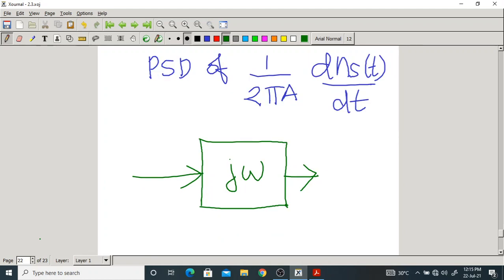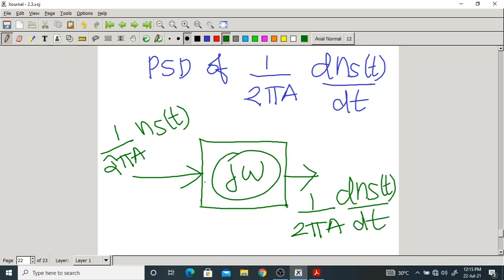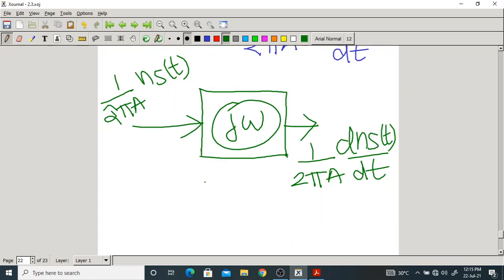So here, what is the input side? 1 by 2 pi a into ns of t. But output side, 1 by 2 pi a into differentiation of ns of t. J omega represents differentiation in time domain. Obviously, what is input PSD? What is the PSD of this ns of t?